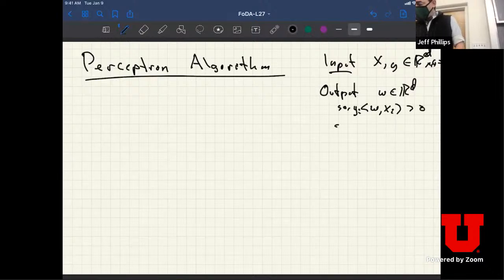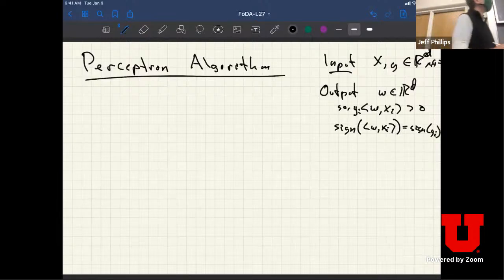That means that the sign of w dot xi is going to equal the sign of yi. So yi includes the sign, the class that we want to predict, and we want the signs to match for the inner product of some vector w that we're learning.